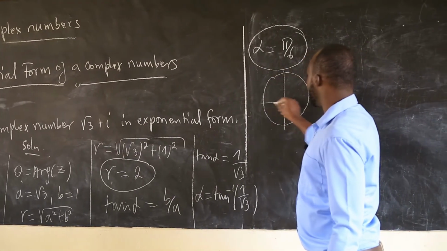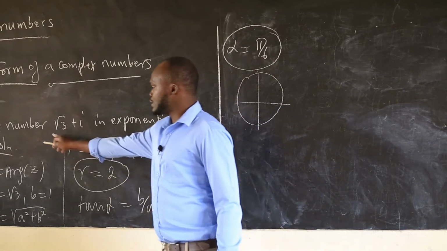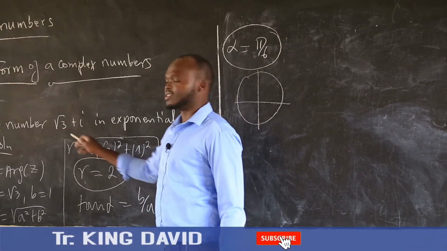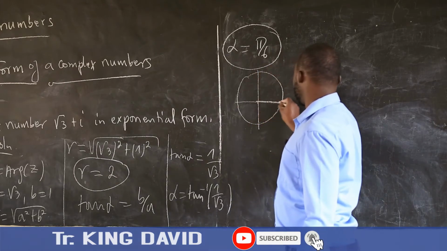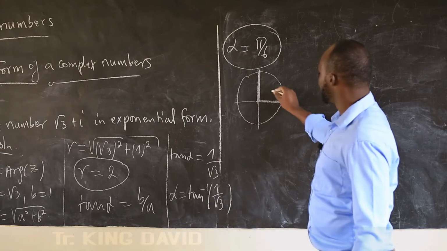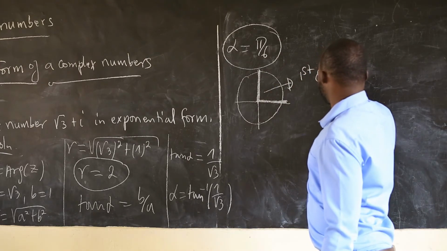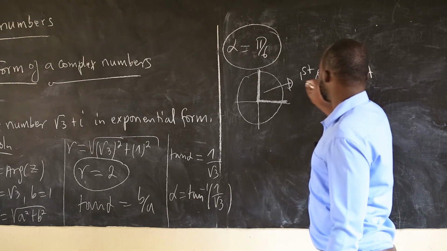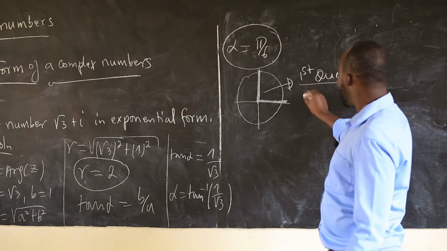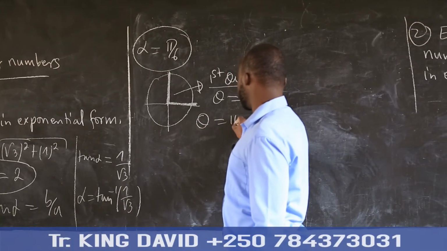A circle contains 4 quadrants. But as you can see, our a is positive and b is positive. So they have to meet here in the first quadrant. So in the first quadrant, our angle is equal to alpha. So therefore, our angle will be pi over 6.